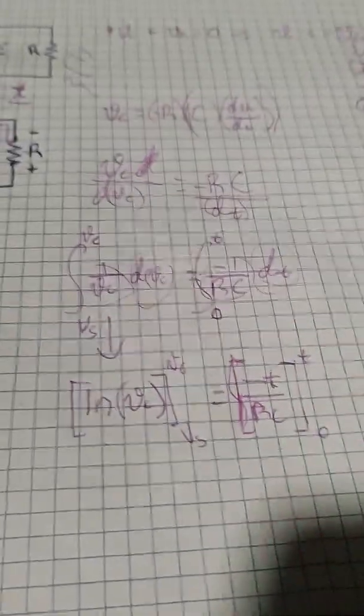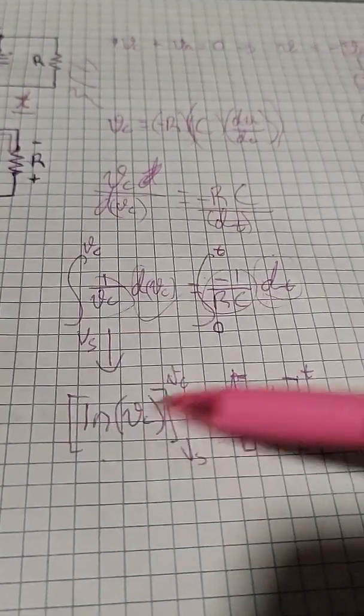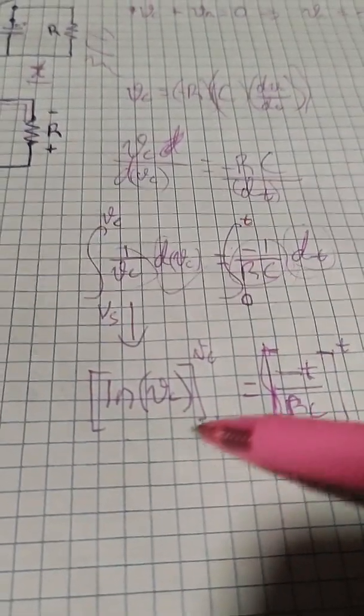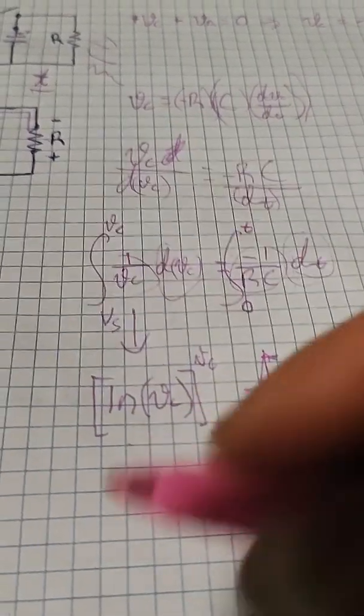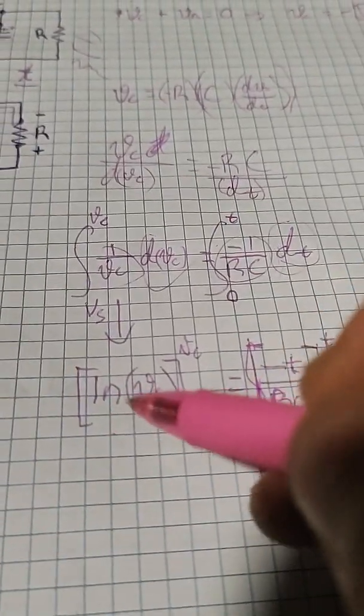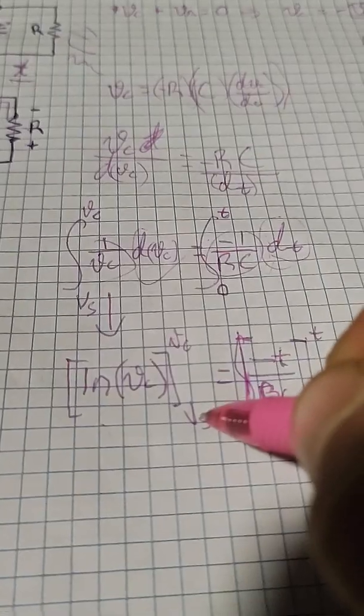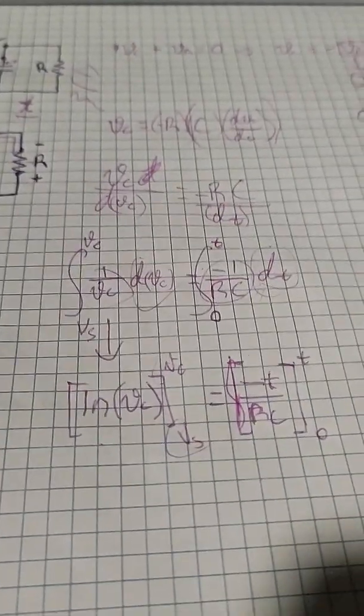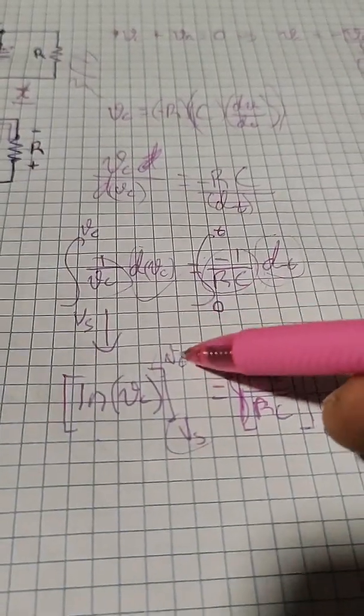And so now we're very close. We just have to evaluate this. So the natural log of VC or VS minus the natural log of VC. So it's this one minus this one. Oh, no, I'm sorry. I got that backwards.